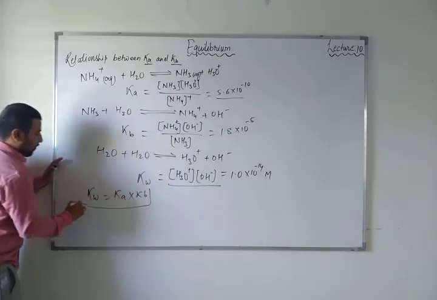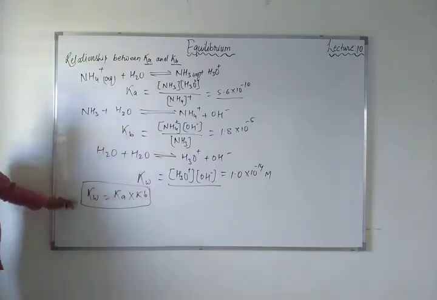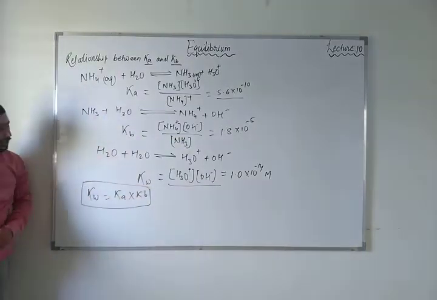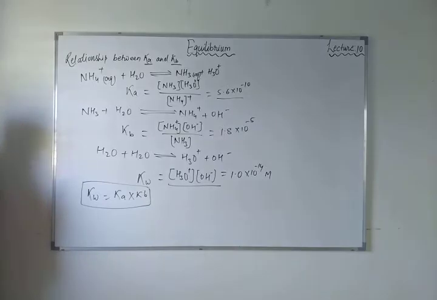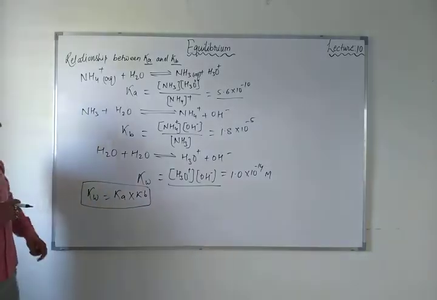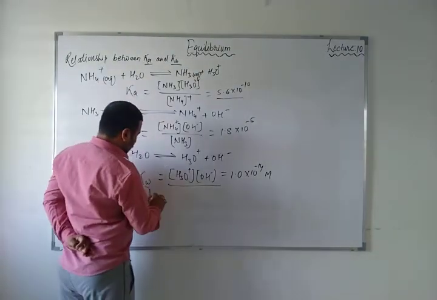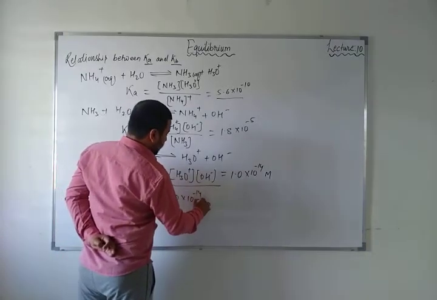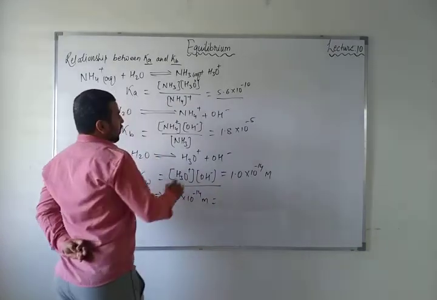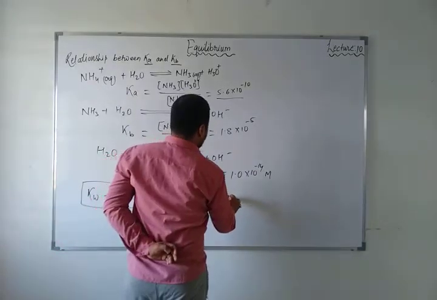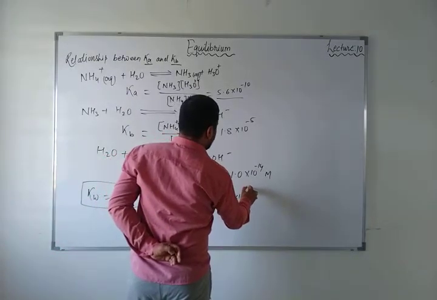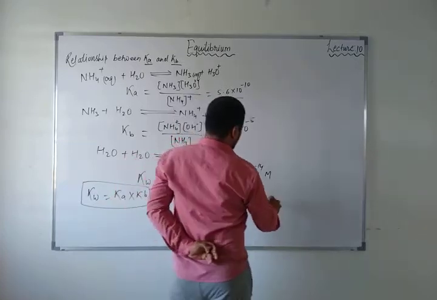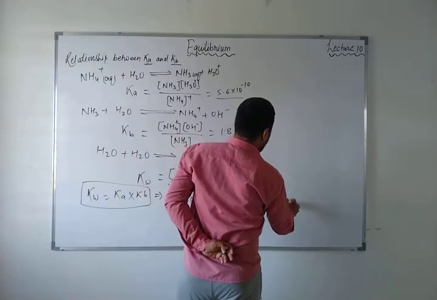This is the formula. So never forget the relationship between the ionization constant of acid and of base. As you have seen, Ka into Kb: 1.0 into 10 to the power minus 14 molarity is equal to 5.6 into 10 to the power minus 10 into 1.8 into 10 to the power minus 5.